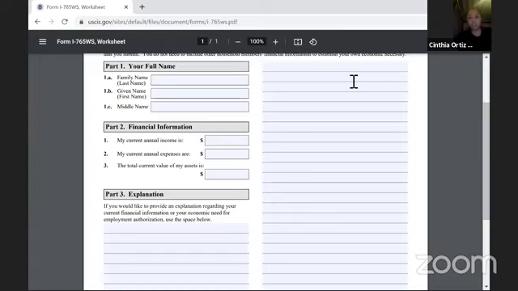Gracias a todos por asistir. Solo le queremos dejar saber que vamos a tener un taller de DACA gratis donde vamos a tener abogados que van a poder revisar las aplicaciones que llenen ustedes solos. Así ya estén seguros que todo esté lleno completamente. Va a ser esto en un par de semanas.